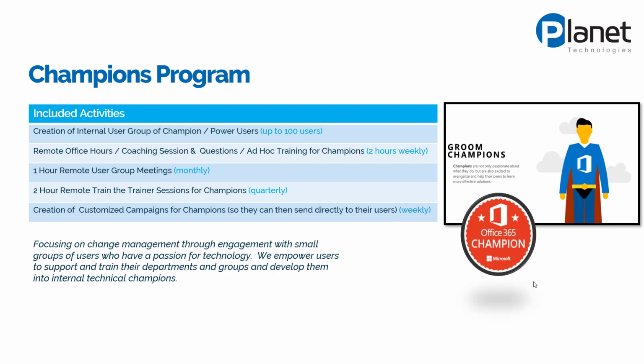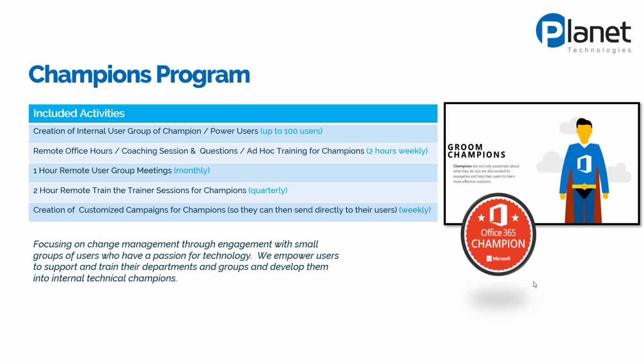Another service that we offer is the Champions Program. This is a wonderful program to build up your power users within your organization. Evolve 365 and your learning strategist would help you build this community of champions, and they really become an extension or mouthpiece for your message on the rollout. They're there to help generate excitement to end users.